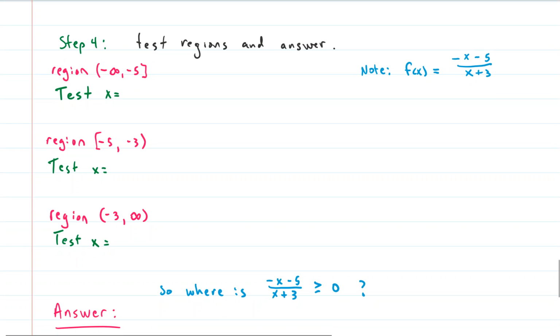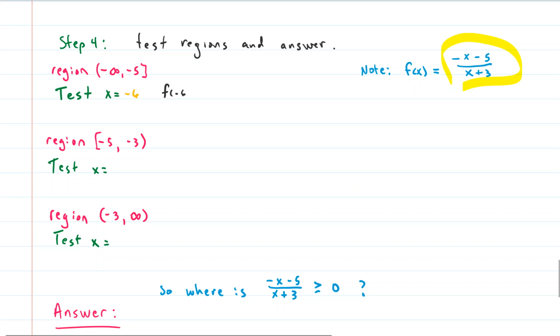So, our test regions: -infinity to -5. Let's test -6. Let's choose -6 because that's inside this region, right? So the function, I wrote the function over here to help us: (-x - 5)/(x + 3).